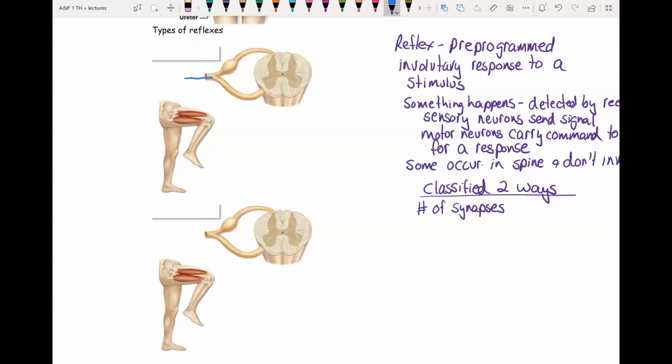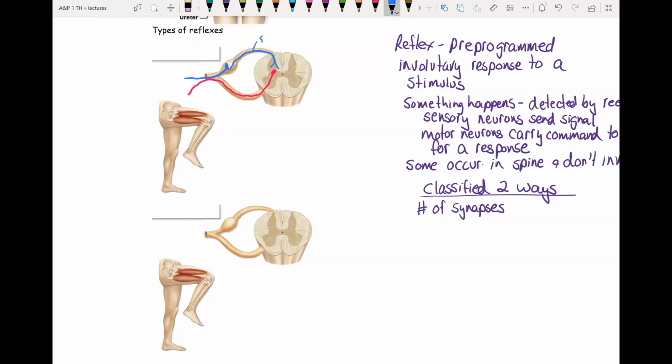Remember, sensory neurons are going to come in through the posterior root. They're going to have their cell body in the posterior root ganglion. And then they're going to come here into the posterior horn. You could then have a motor neuron that receives the neurotransmitter from that sensory. And then its axon goes out the anterior root and to the effector.